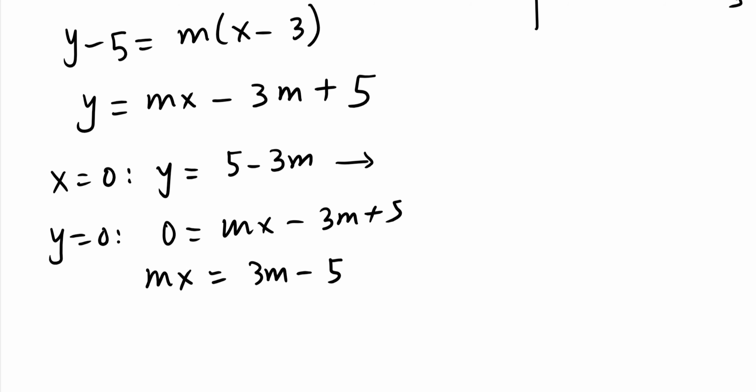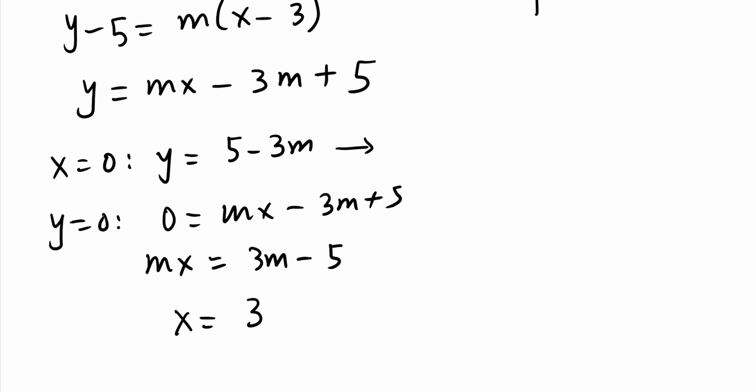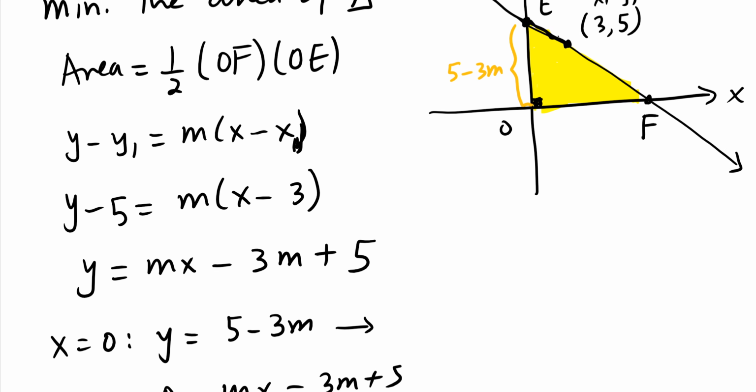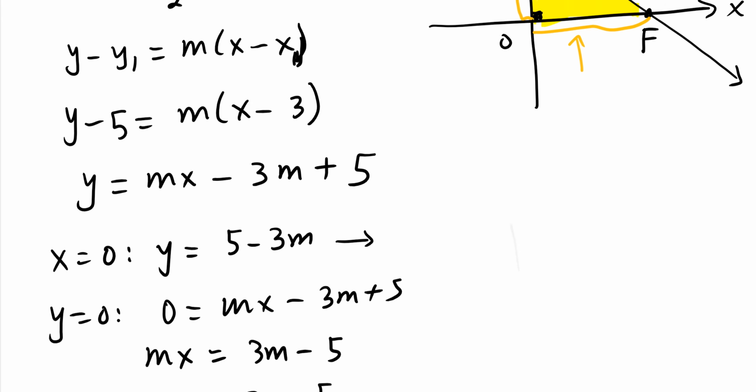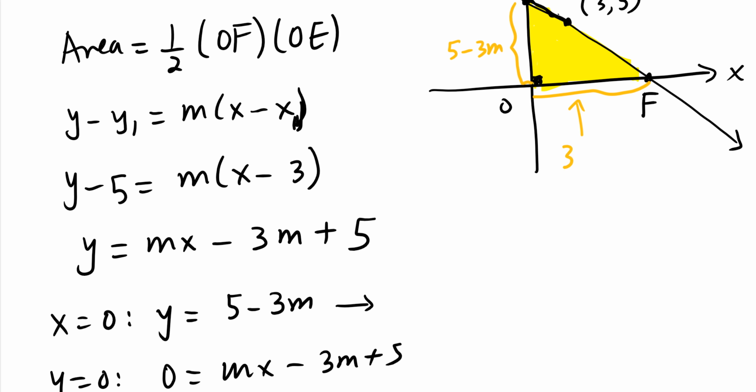If you solve for x, divide everything by m, so x equals 3 minus 5 over m. This gives me the x part from here to here. So these are basically the sides OE and OF in terms of m. That's okay, that's a function of m.